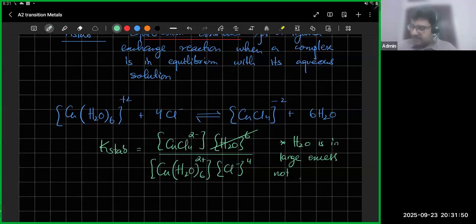So it's not written in the expression. So that's simply what K stab is. They're just going to ask you to write the expression, maybe find the units as well. So it's not going to be that difficult.